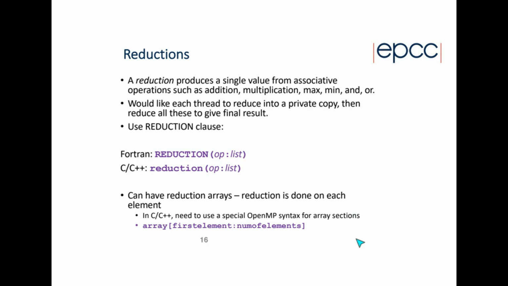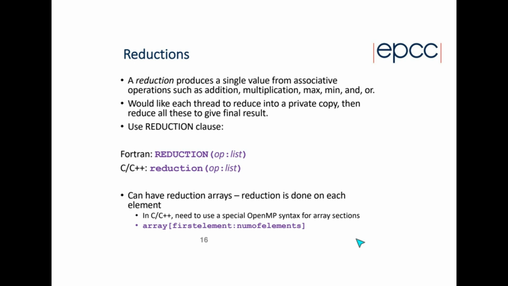So far we've got our possibilities for variables are shared, private, and firstprivate, and there's one more, which is reduction. So if you remember from yesterday, reductions are a pattern which produces a single value from associative operations like addition, multiplication, maximum and minimum, logical and, logical or.